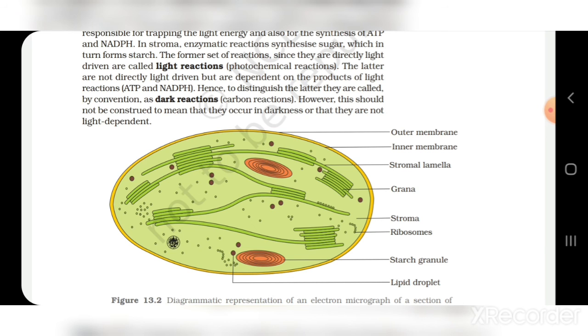The central atom in hemoglobin is iron, Fe, which gives the color red, while the central atom of chlorophyll is magnesium.